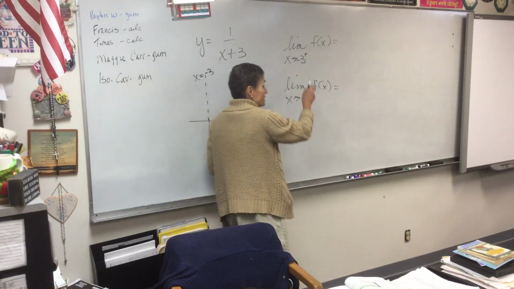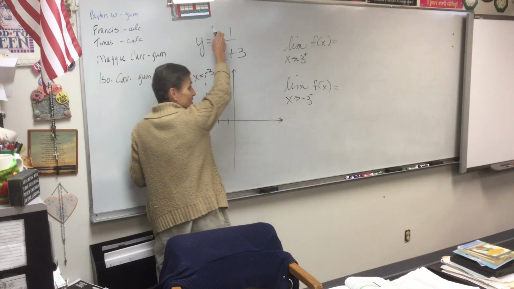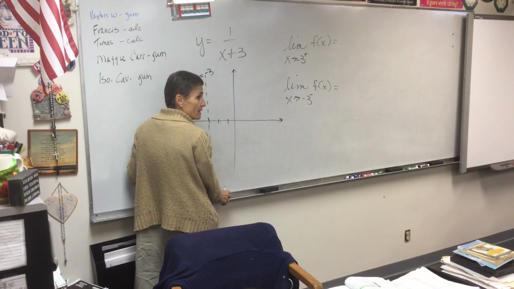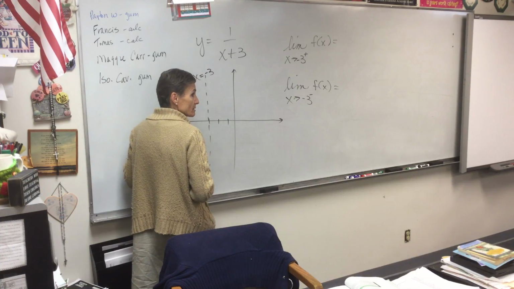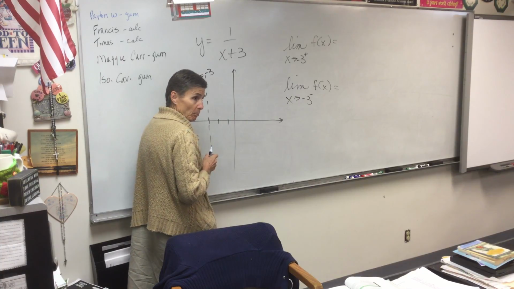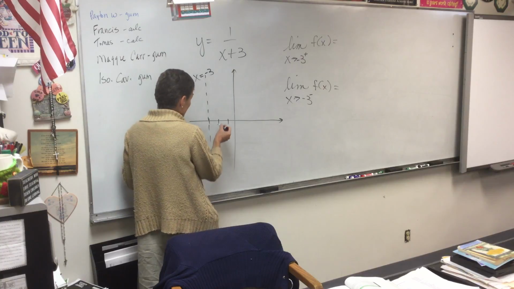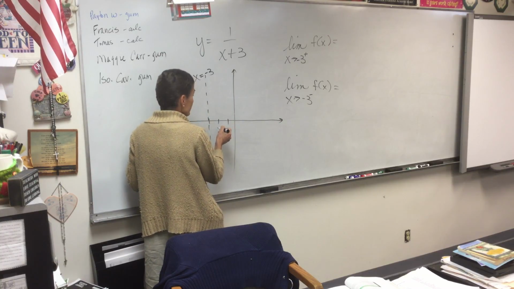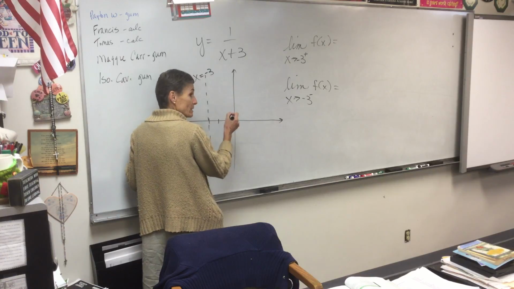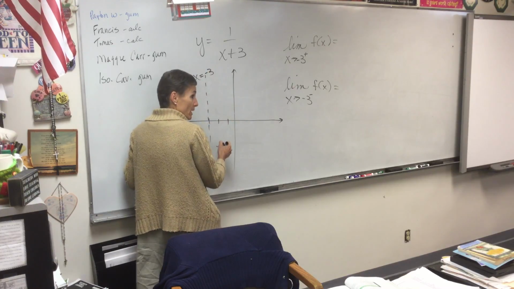So the answers to these questions are either going to be positive infinity or negative infinity. Now, how are we going to figure out which one it is? Well, we're going to have to plot a couple points, aren't we? So we'll plot -2 and -1, and wherever those 2 points are, it's going to tell us if we're going up or down, right?